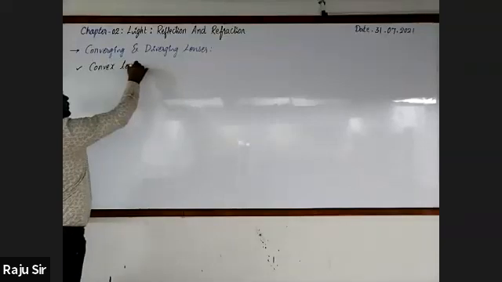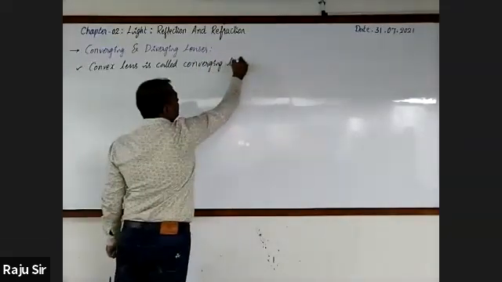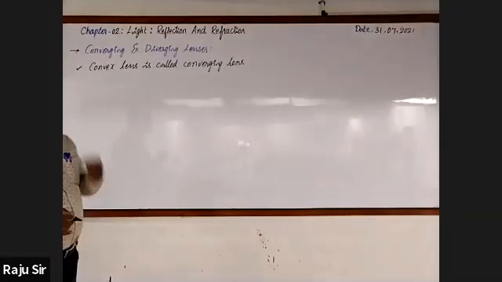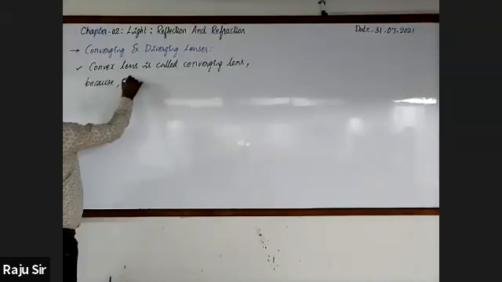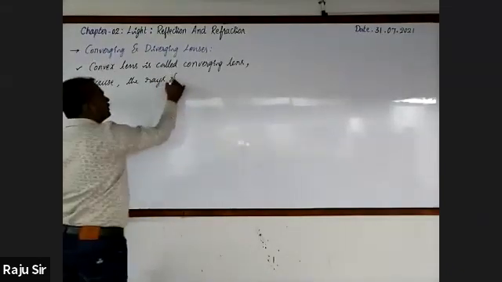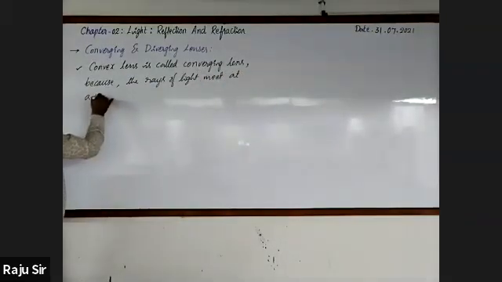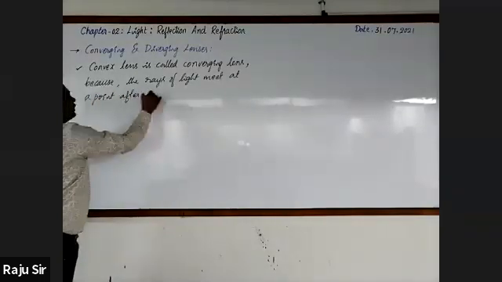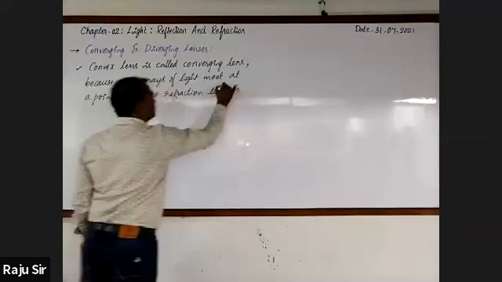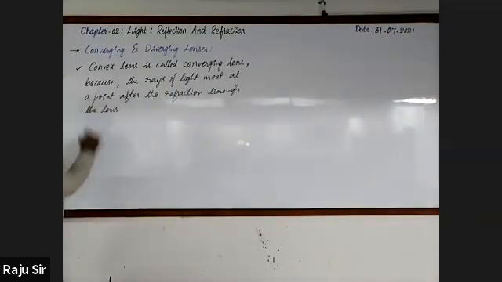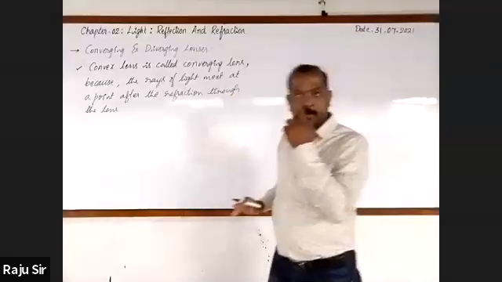Convex lens is called converging lens because the rays of light meet at a point after the refraction through the lens.